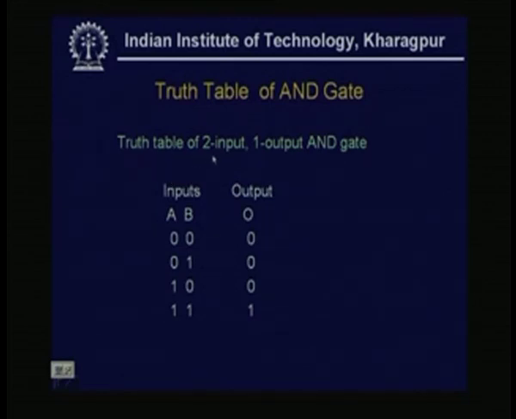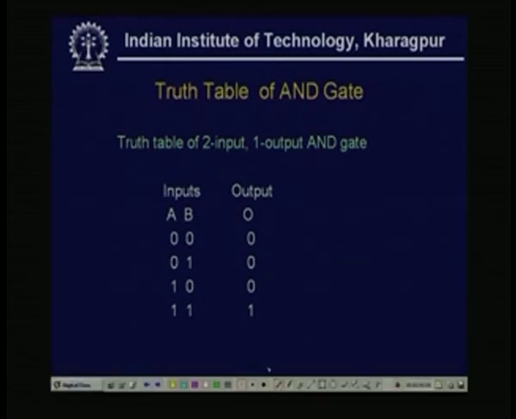This is a 2 input AND gate with 2 inputs and 1 output. Just now what we have drawn is another logic gate. Say this input is A, another input is B, and this is my output, say Z, or say I am taking it as O.